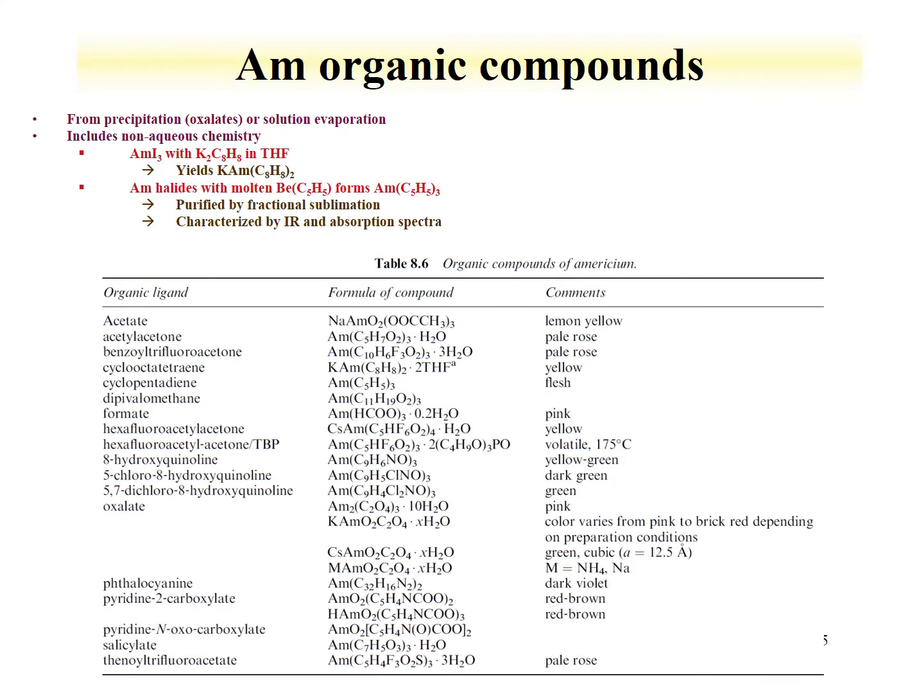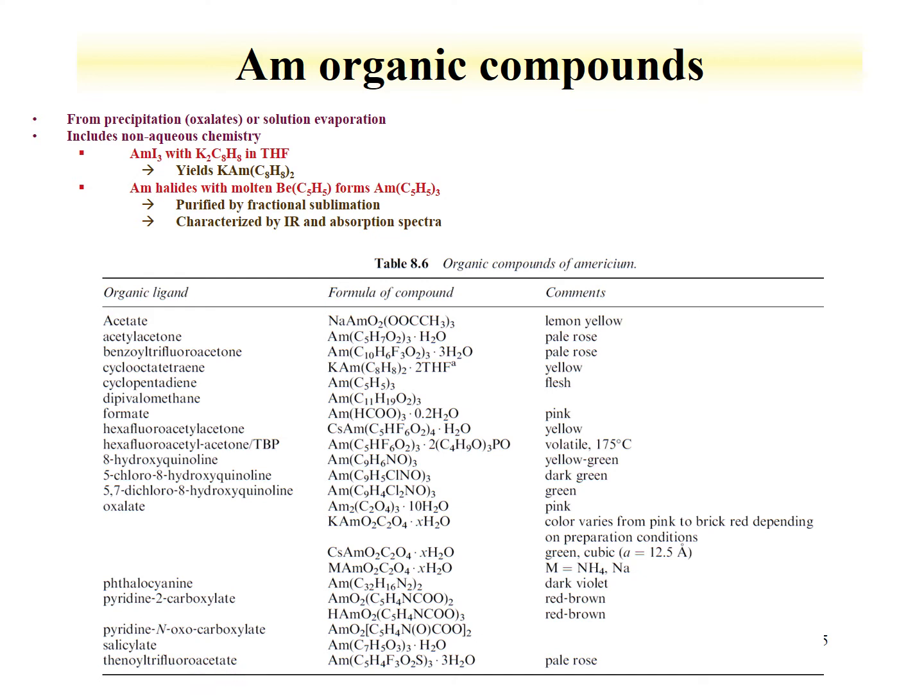There are a number of organic americium compounds for the nuclear fuel cycle. Oxalates are important, as compounds that can be produced for purification and separation. Here's a list of a number of americium compounds with different organic ligands.